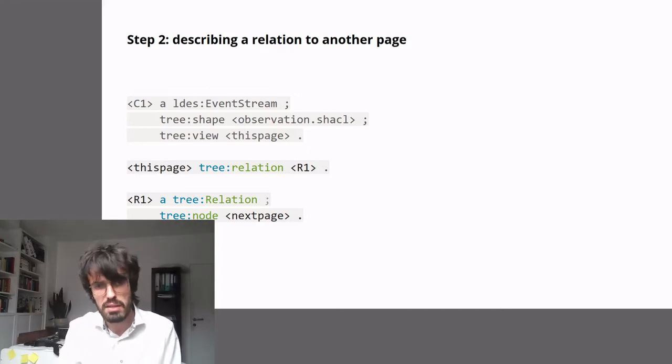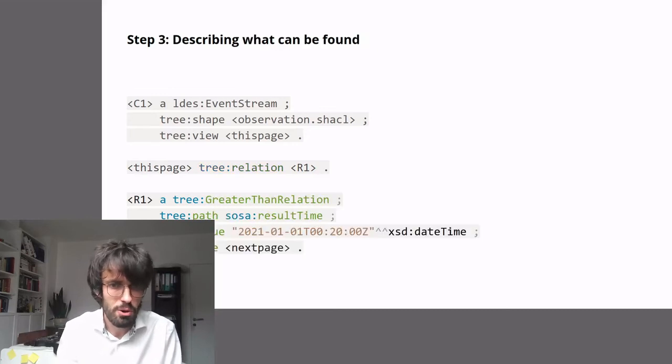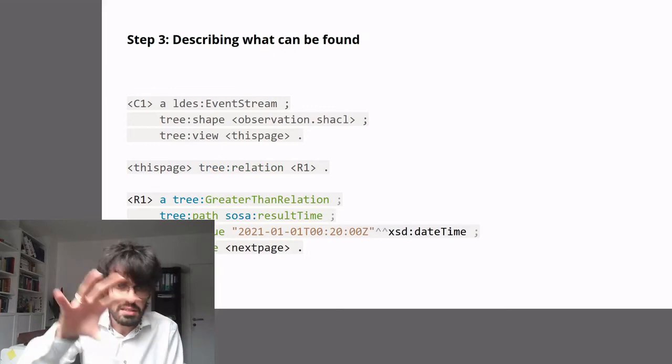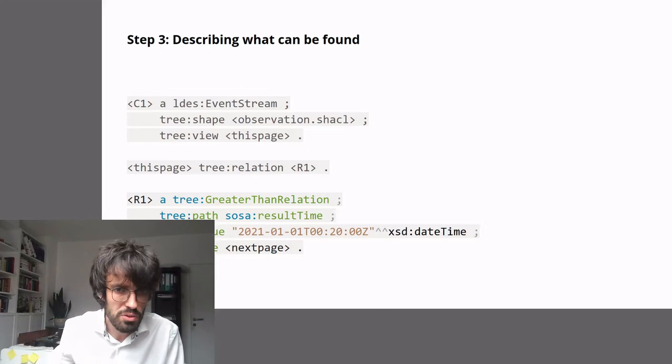The example that I'm going to give over here is redesigning this relation object towards something more concrete for a time-based link. There we go. So relation 1 is a greater than relation, which means that you have to look at the tree value over here, that all the members of the next page are going to be greater than this value for the property SOSA result time.